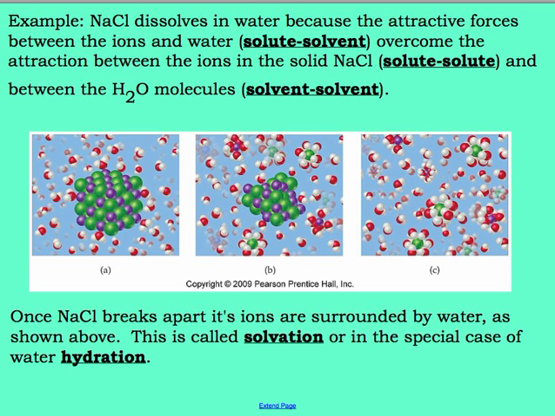If that didn't happen, salt would just sit there. This process is called solvation, because you're actually making a solution. And because this is particularly in water, we call this hydration. So you just have to make sure you understand how solutions form, what makes something form, that kind of stuff.